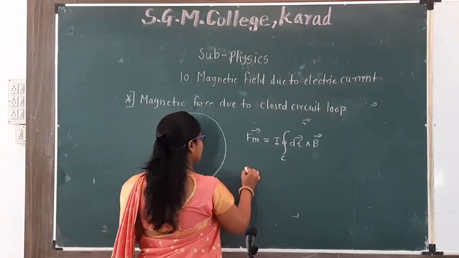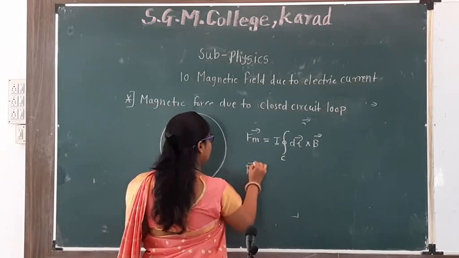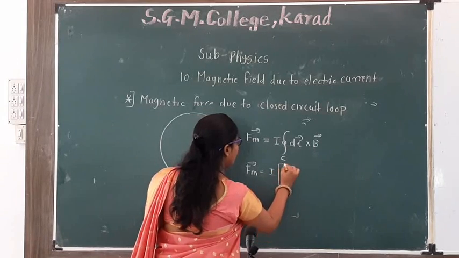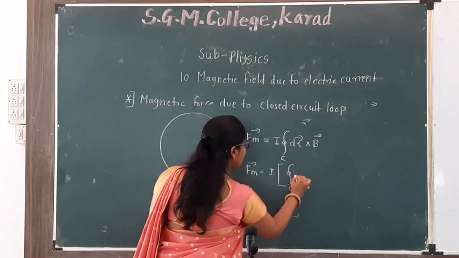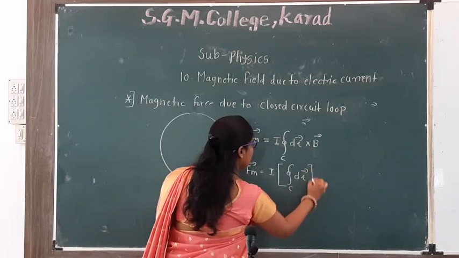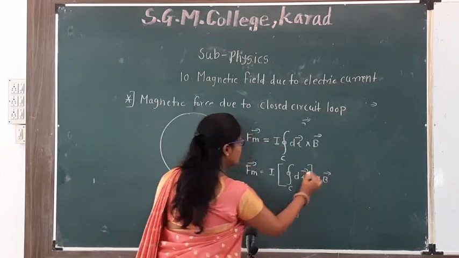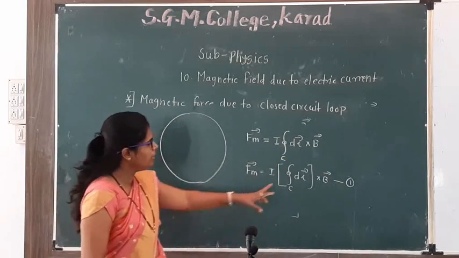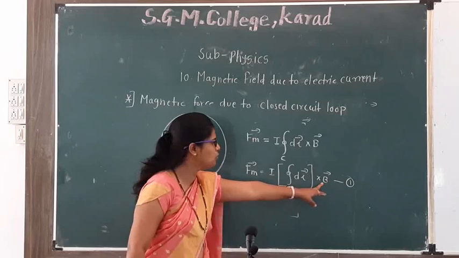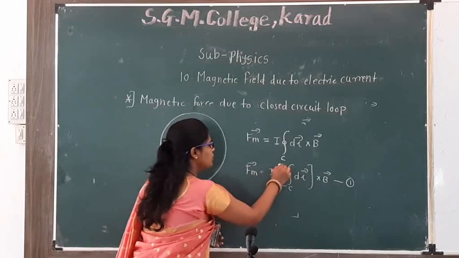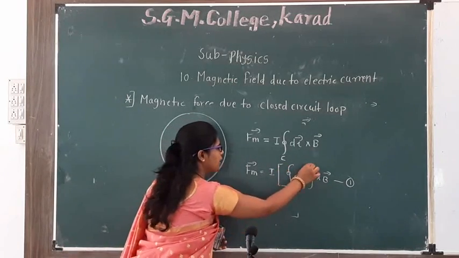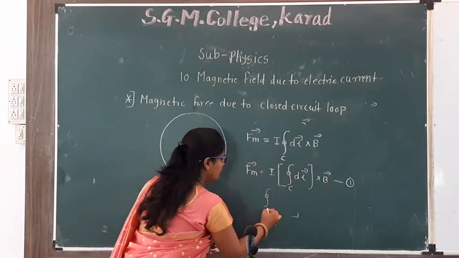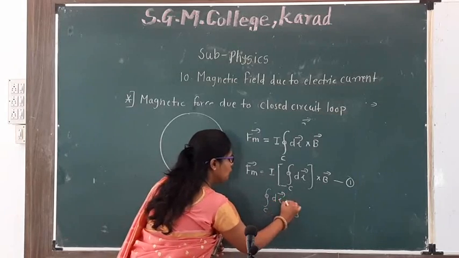Now, Fm is equal to I, and this term can be written in bracket, the integration of vector dl, cross vector B. Here also B is uniform, so the bracketed term becomes 0. The closed integration of vector dl is equal to 0.